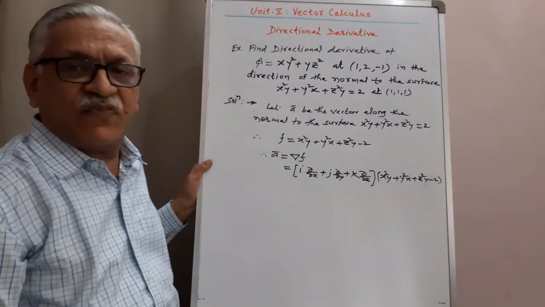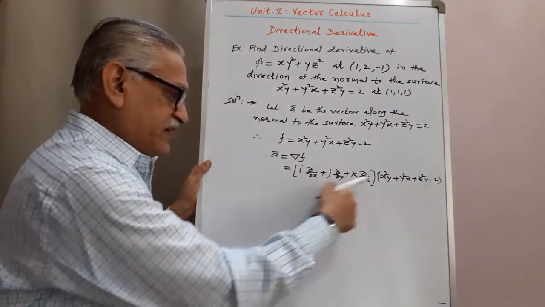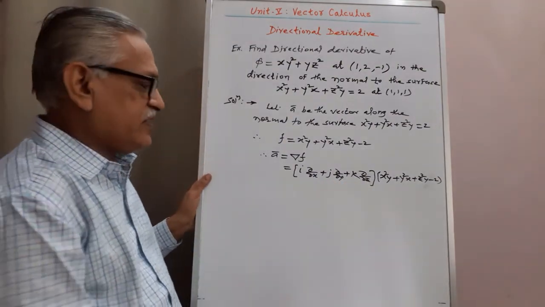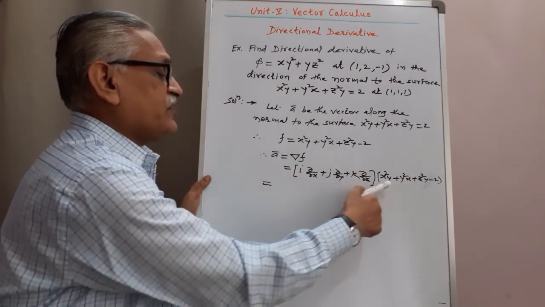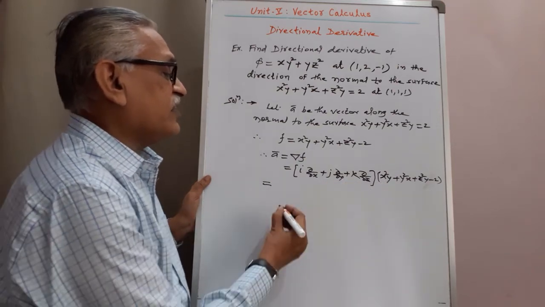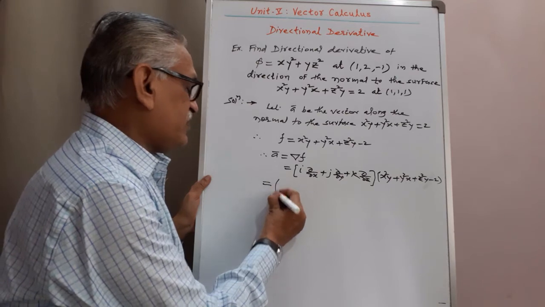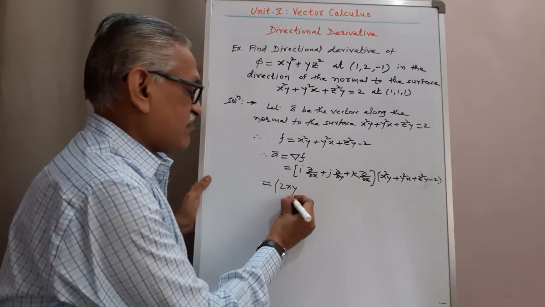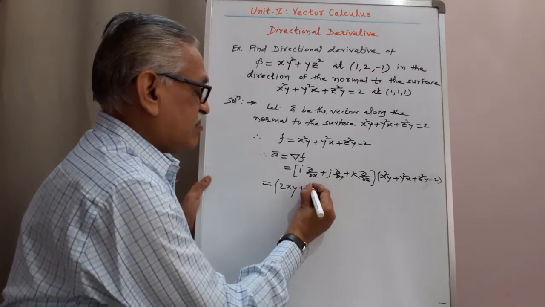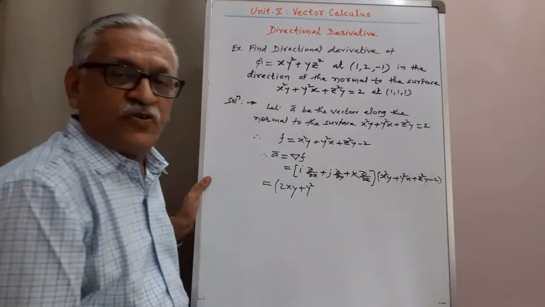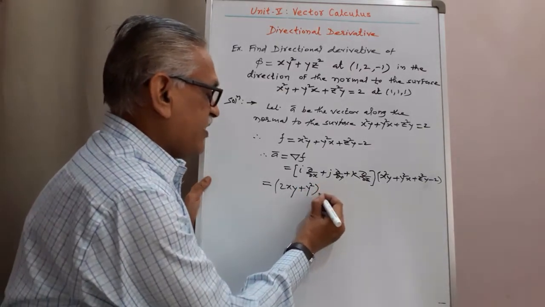Finding the partial derivatives with respect to x, y, z: differentiating with respect to x, the first term gives 2xy, the second gives y square, and the third gives 0, into i.